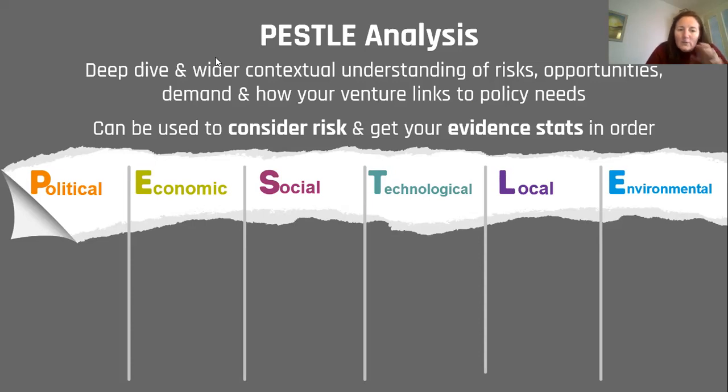And it will give you all sorts of detail, particularly on the political, potentially economic, certainly on the local perspective of what you're doing. So Greater Manchester Combined Authority produce all sorts of strategy documents on anything and everything, and they'll all be sitting on their website.